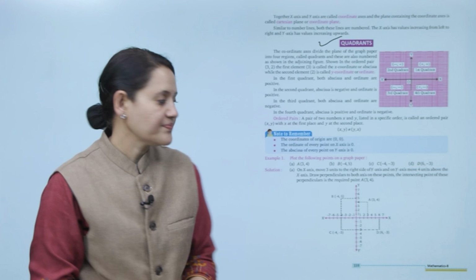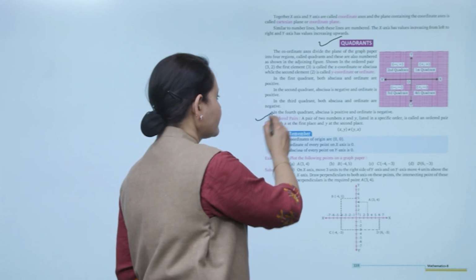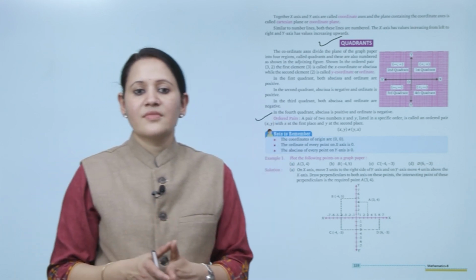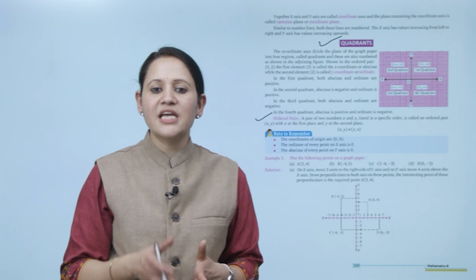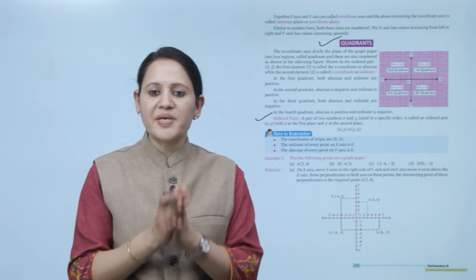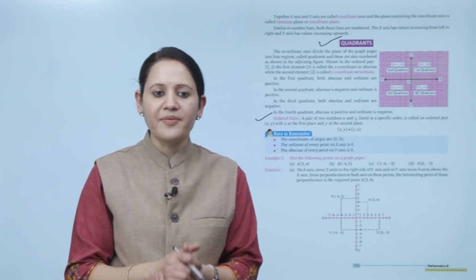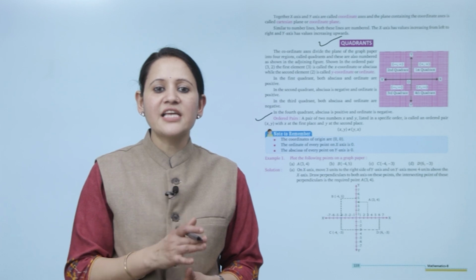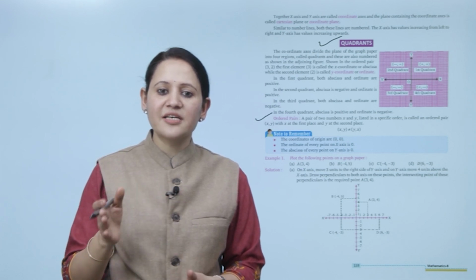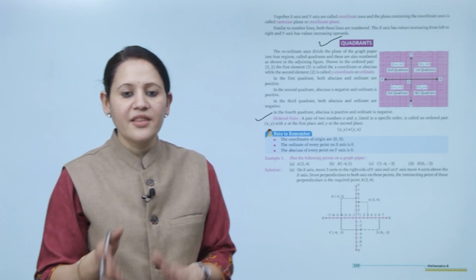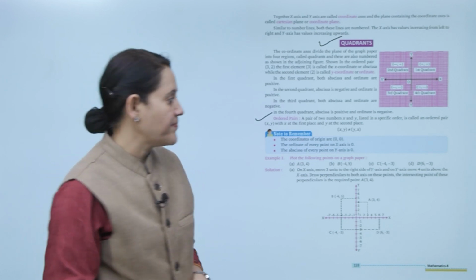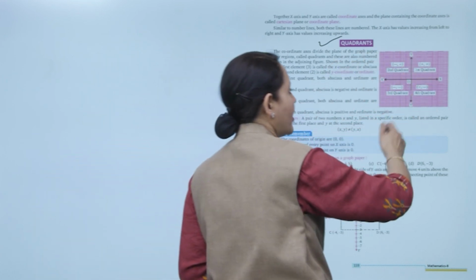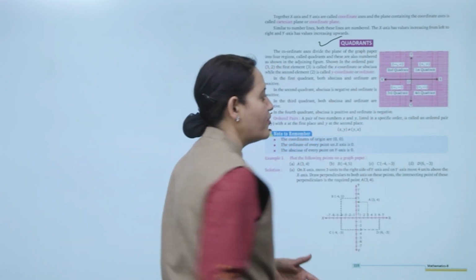Ordered pairs. A pair of 2 numbers x and y listed in a specific order is called an ordered pair. (x, y), with x at the first place and y at the second place. (x, y) is not equal to (y, x). Here, these are the 4 quadrants: first, second, third and fourth.